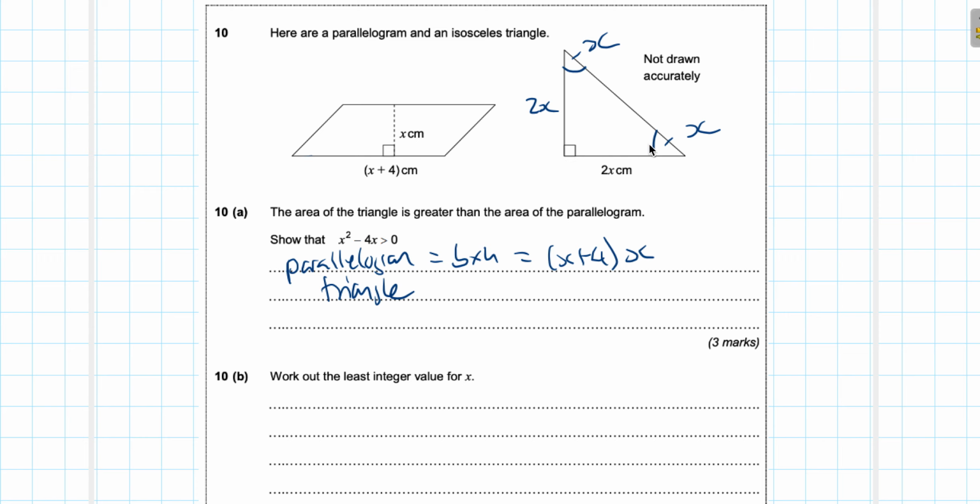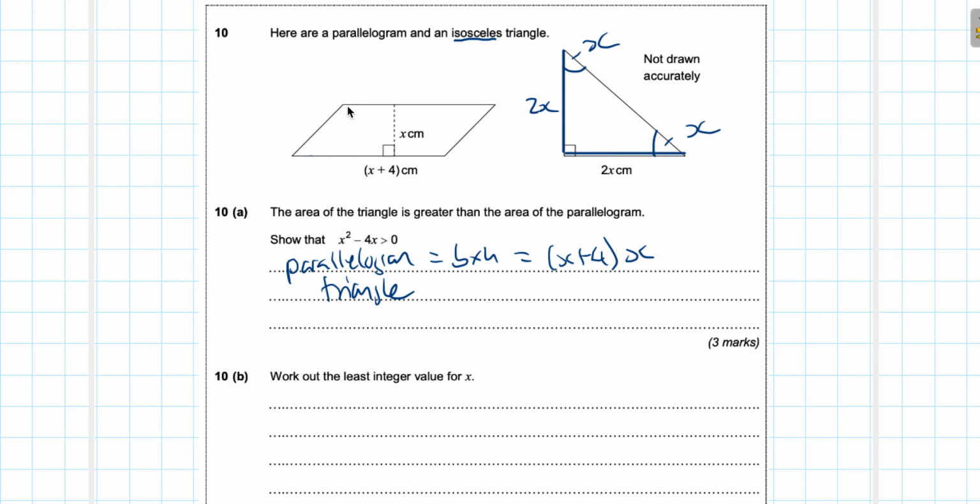Okay, we also know that these will be 45 since it's a right angle triangle, but the key thing here is that this is isosceles, so that means the other two angles must equal the same, cannot equal this angle because this is 90 degrees, and therefore we know that this side and then the other side that links it with the angle which is 90 degrees, that must be 2x.